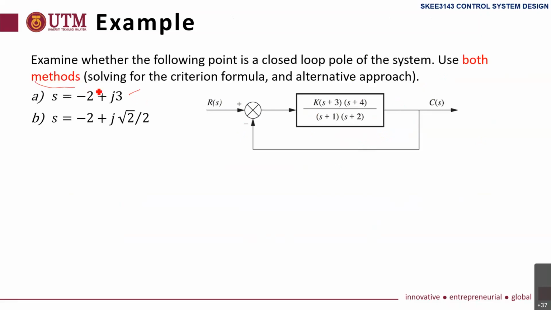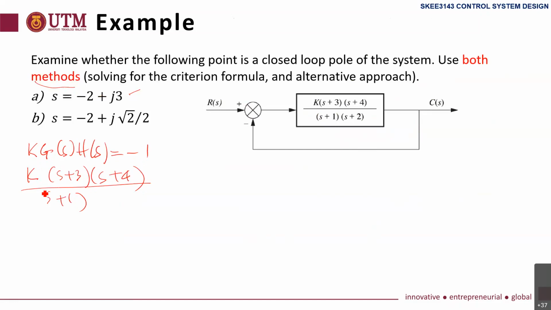First, of course, it must fulfill KG(s)H(s) equal to -1 in order to be a closed loop pole. First, we substitute the test value into KG(s)H(s), meaning K(s+3)(s+4) over (s+1)(s+2). We substitute the value that we want to test.